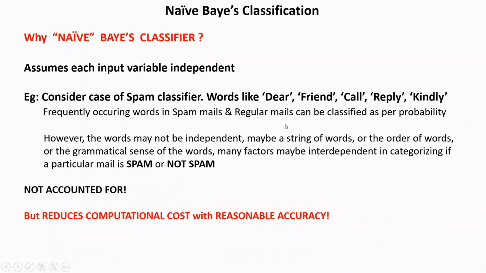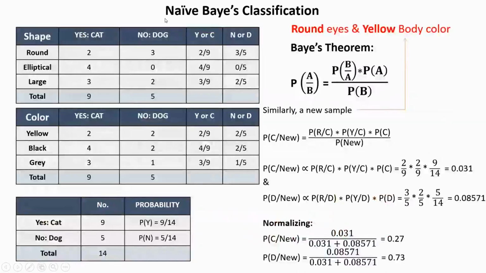So if there was something like friend dear, then probably that would be a spam mail. That is more likely. This is just a very vague instance, but you can assume that this interdependency of the attributes is not considered in this classification. See, here there is no association of this attribute and this attribute, so it works fine for this kind of classification.